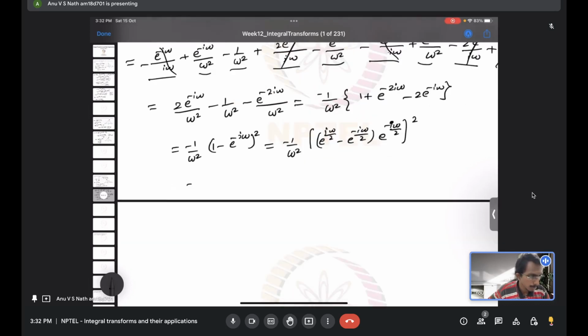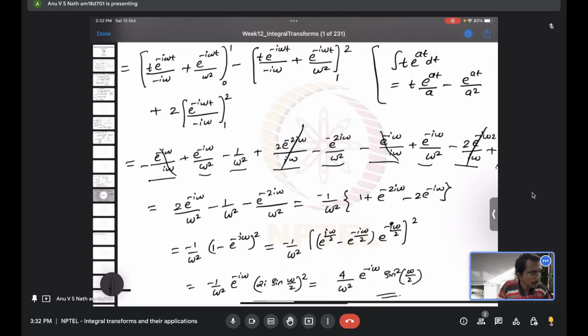Which we will write as minus 1 by omega square e raised to minus i omega, and the remaining term is 2i times sine of omega by 2 the whole square. So which will become 4 by omega square e raised to minus i omega sine square omega by 2. So is that clear?